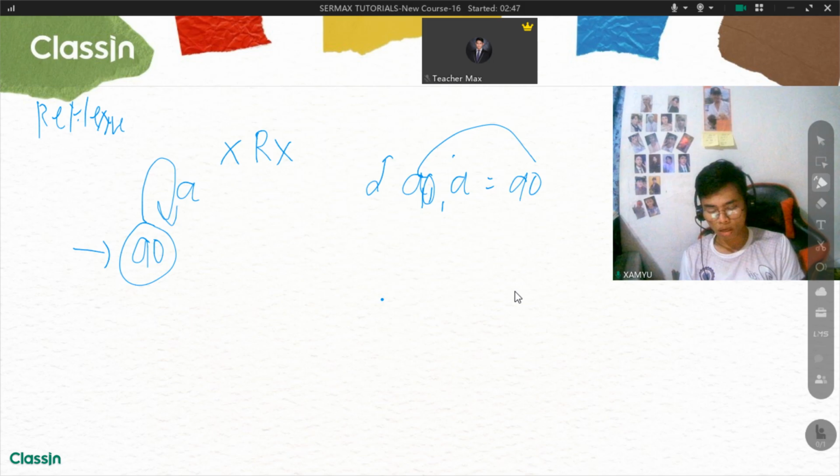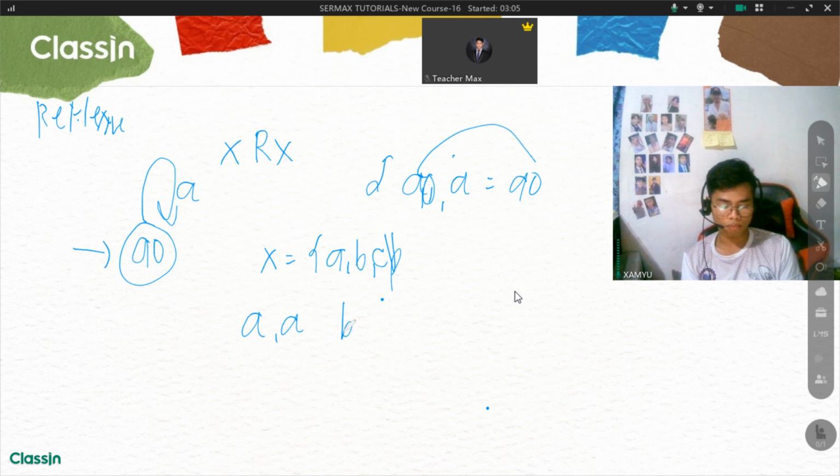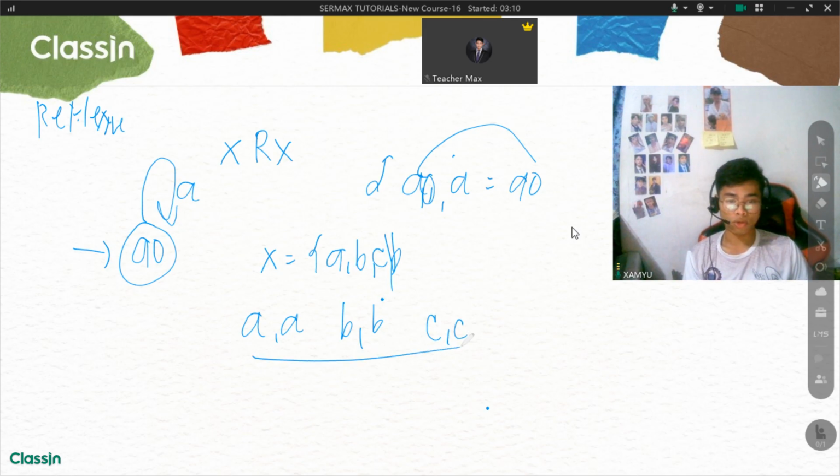So in the set earlier, for example A, B, and C, when we say reflexive, we have A is to A, B is to B, and C is to C. So they are reflexive to each other, since every element of X is always related to itself.